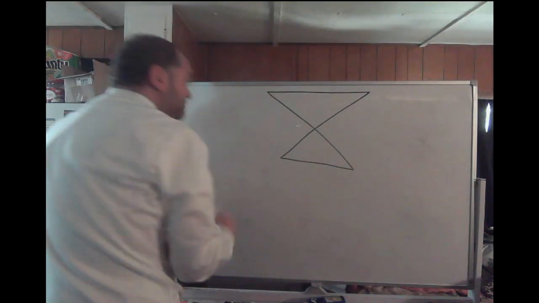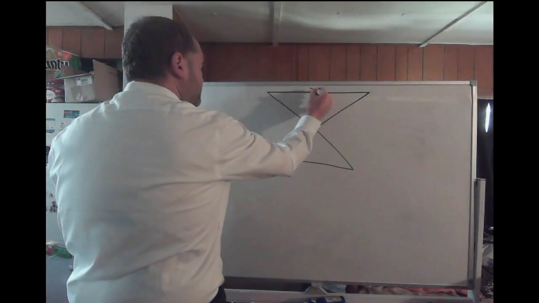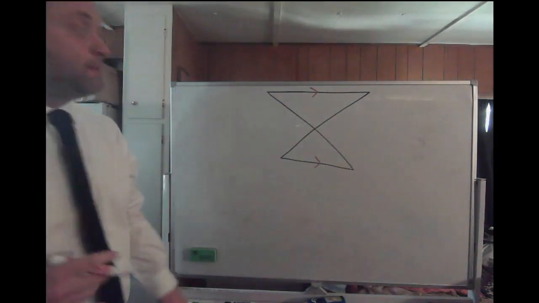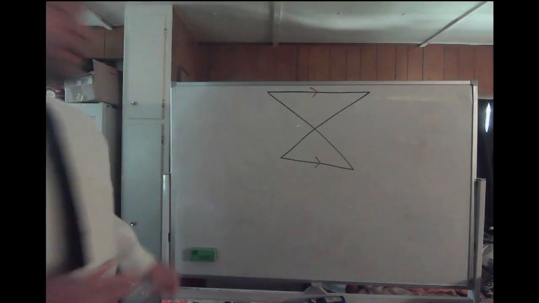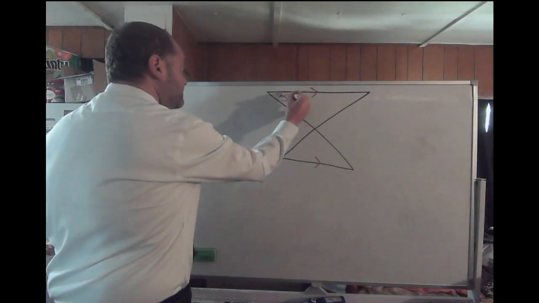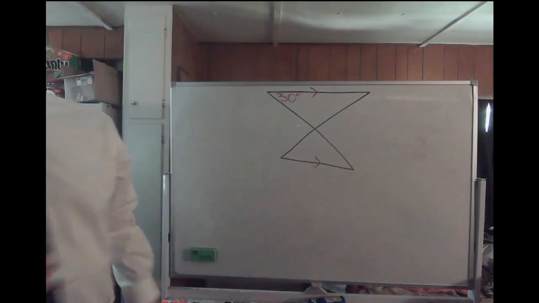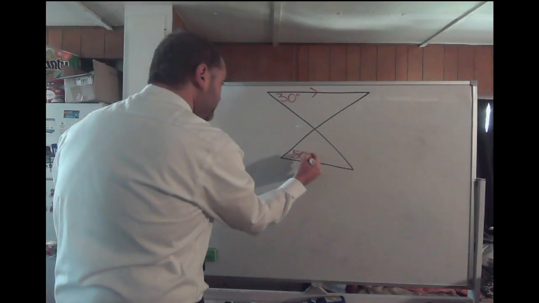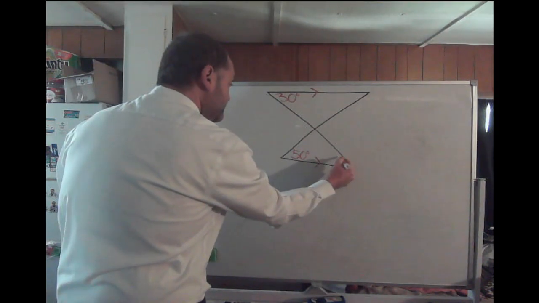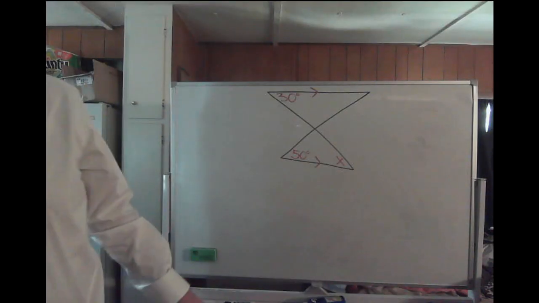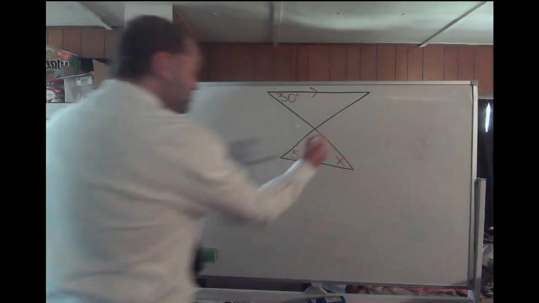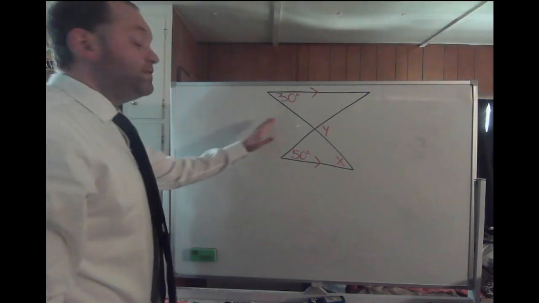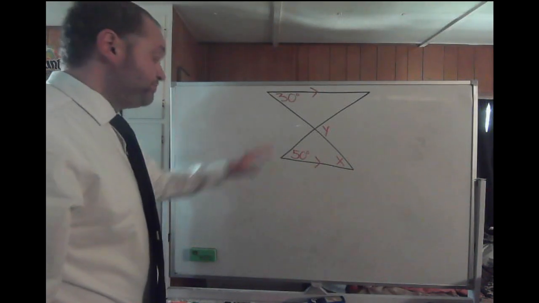The diagram gives us that the top and bottom lines are parallel to each other. This angle here equals 30 degrees. This angle right here equals 50 degrees. This angle here equals x. This angle here equals y. Okay. So we want to find the values of x and y.